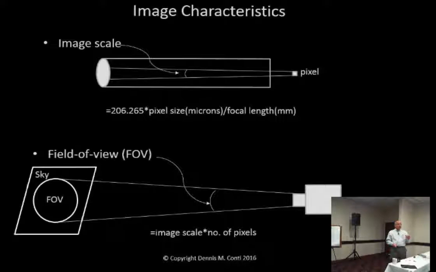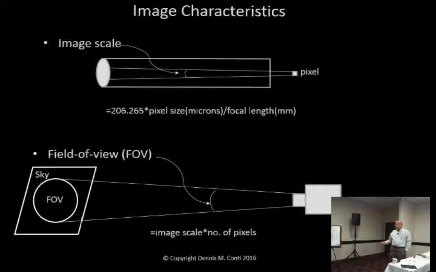If you're in really good seeing conditions, like Chile, and your full width half maximum is 0.5 and your image scale is 0.5, that says most of that starlight is just going to land in one photosite. Not good. So in fact, in Chile, you'd probably want to defocus to spread that light across multiple photosites. So understanding your image scale is really key in exoplanet work.